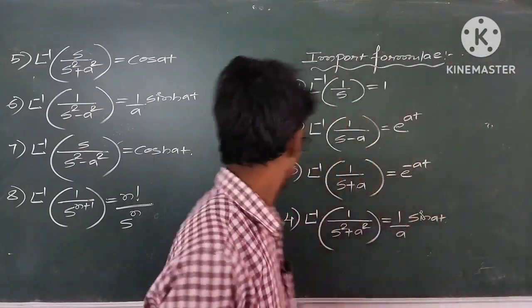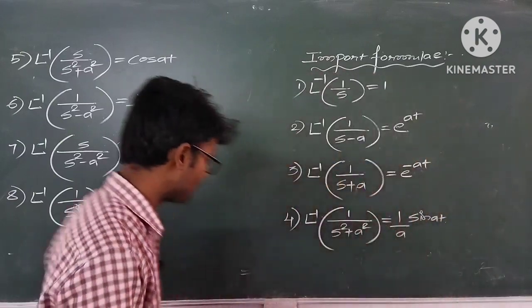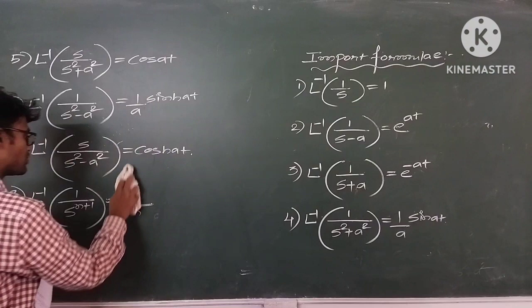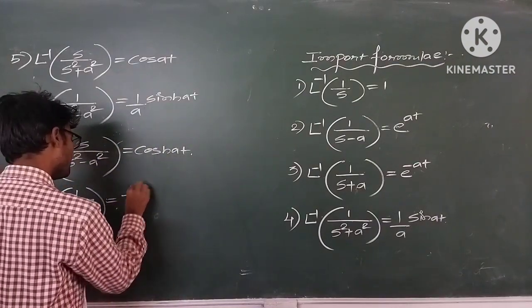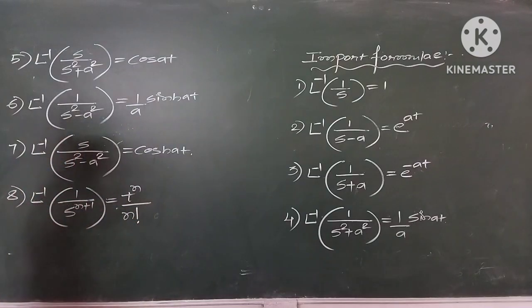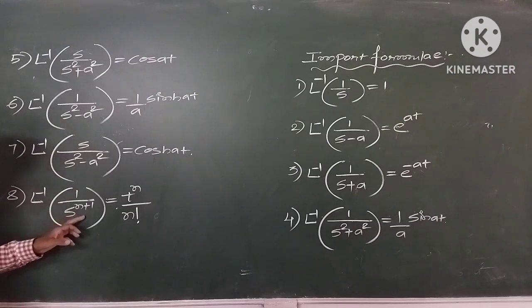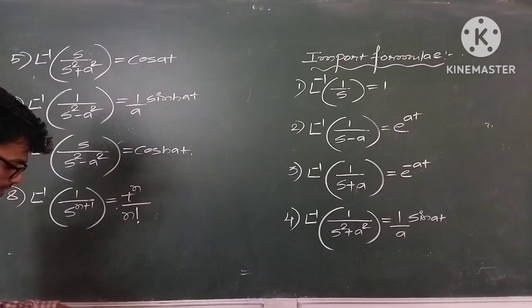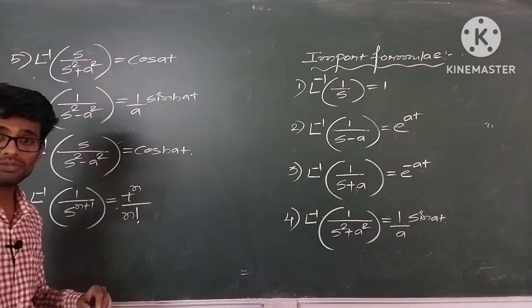I am sorry, it is t raised to n divided by n factorial. A small change, and you remember it. So inverse Laplace transform of 1 divided by s raised to n plus 1 equals t raised to n divided by n factorial.